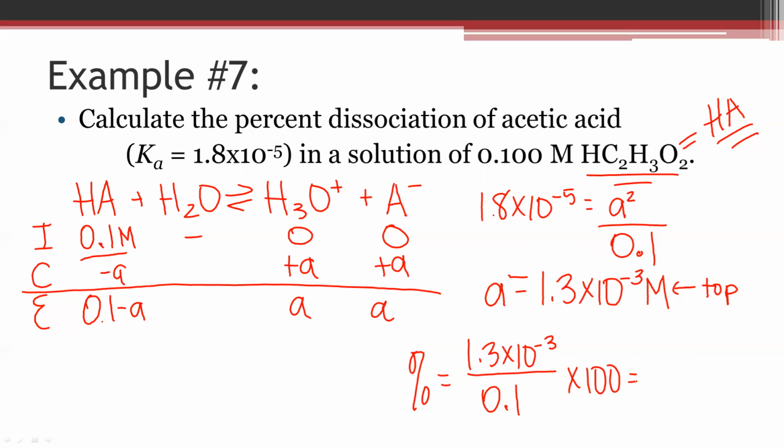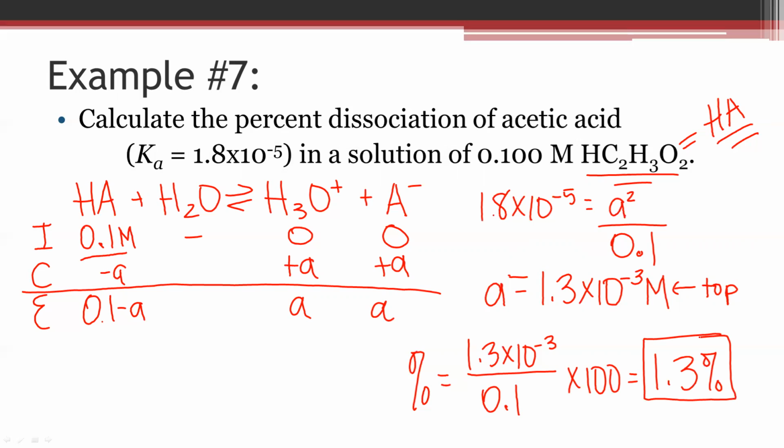So you divide those up, multiply by 100, and the dissociation percent was 1.3%. So that means only 1.3% of the original acid has broken apart.